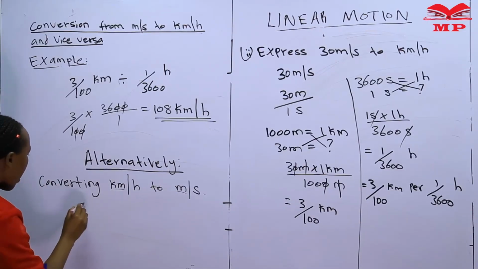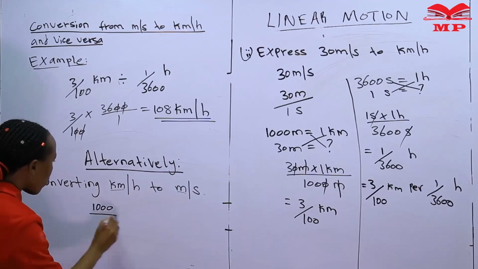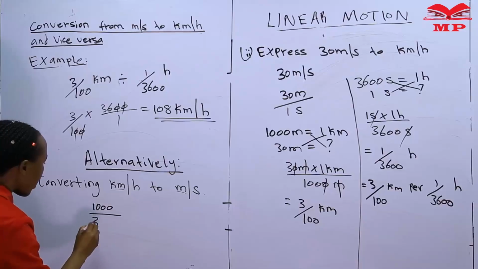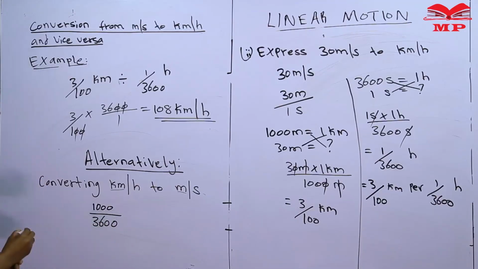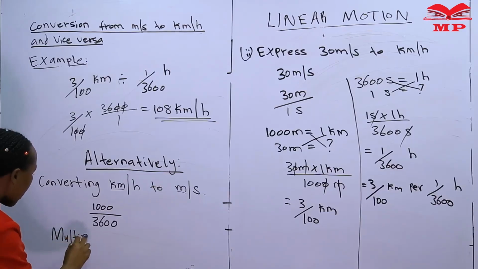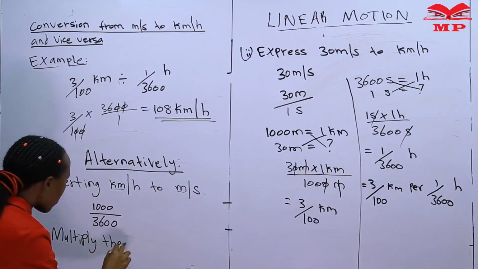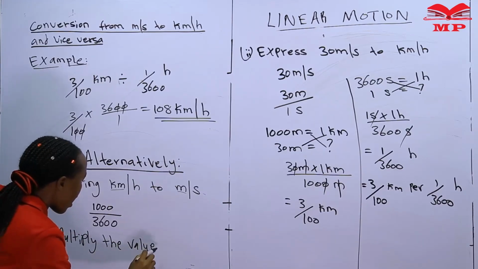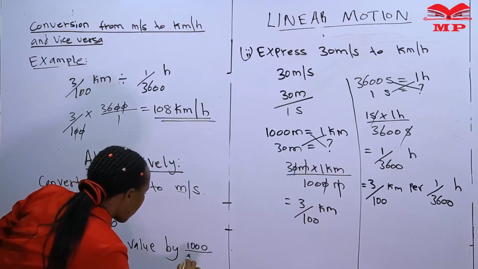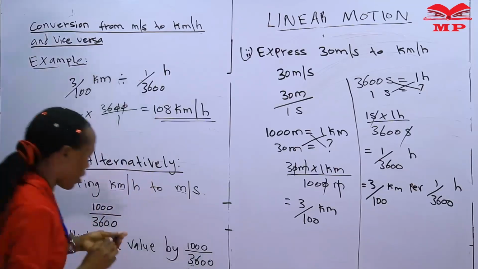So we are going to have 1,000, and then we know that 3,600 seconds make an hour, so we divide by 3,600. So we multiply the value by 1,000 all over 3,600.